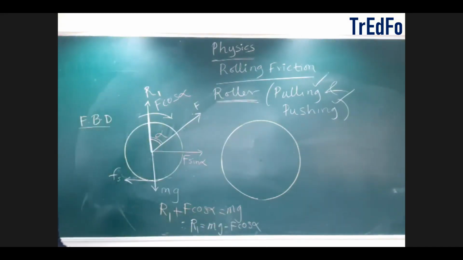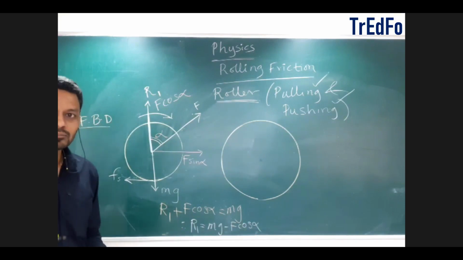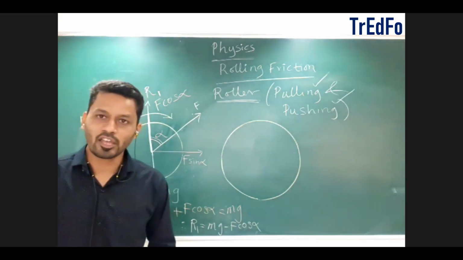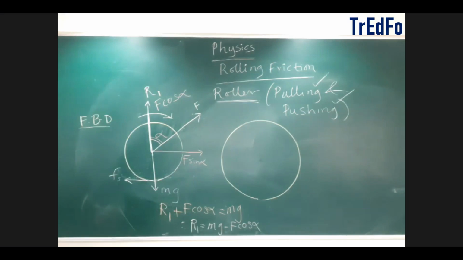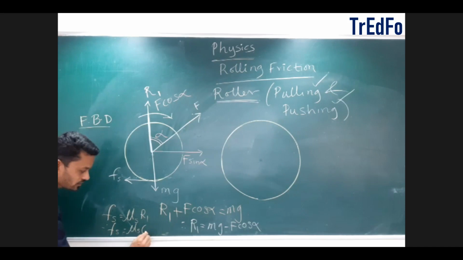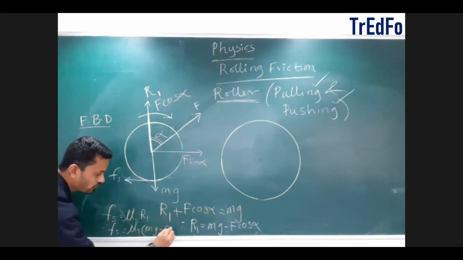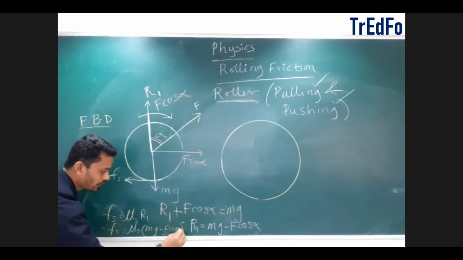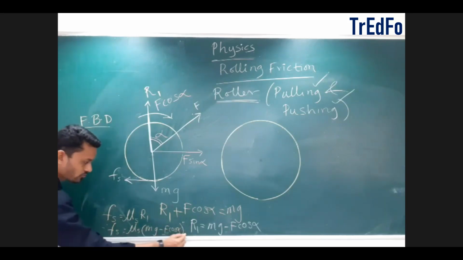Now we already know the relation between R and Fs or Fk. We know that Fs equals mu s R1, and R1 is mg minus F cos alpha. So Fs equals mu s (mg minus F cos alpha). This is the equation we get.